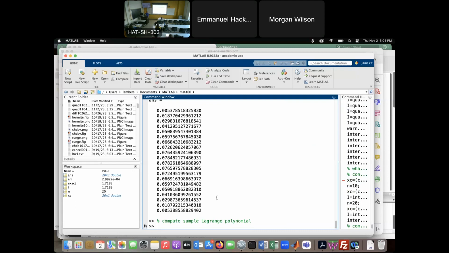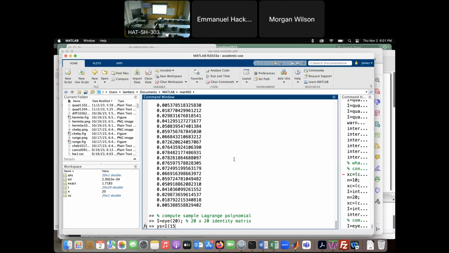And each Lagrange polynomial is equal to 0 at all the interpolation points, except for one of them where it's equal to 1. So what I need is a vector of y values that are all 0, except one of them is equal to 1. So I'm going to create a 20 by 20 identity matrix. And then, to get my y values, I'm going to choose an arbitrary row of this matrix.